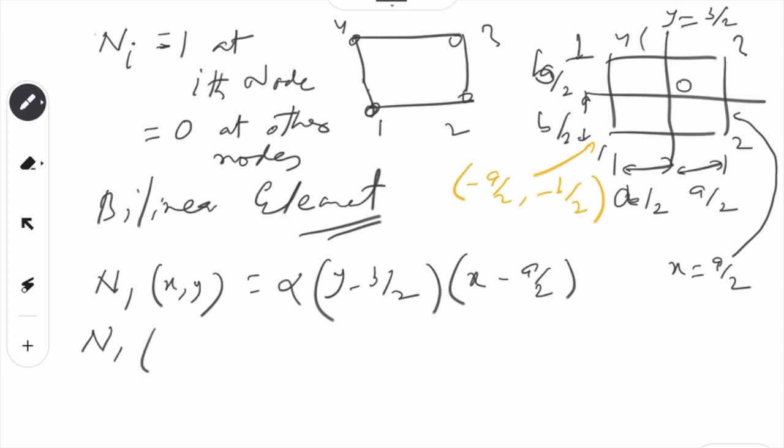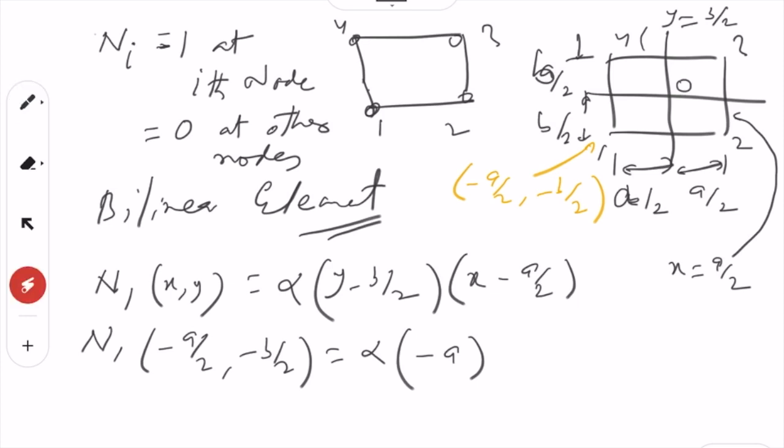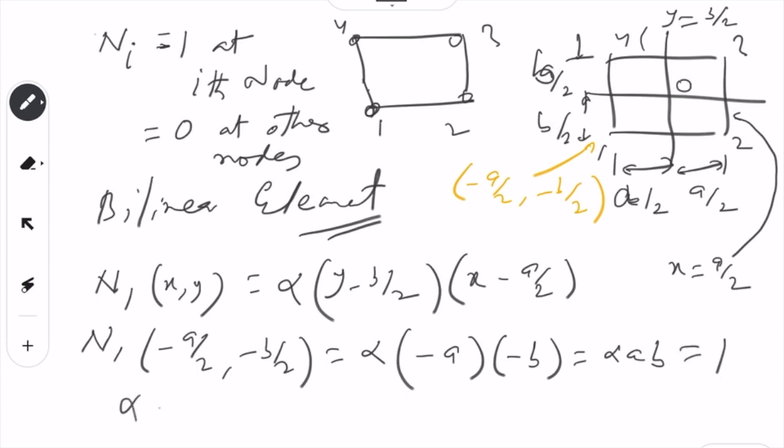So n1 at minus a over 2, minus b over 2 will be equal to alpha, and we have x equal to minus a over 2 and y equal to minus b over 2. So you write here, we get minus a and minus b, so we get alpha a b. It has to be equal to 1, so we get alpha equal to 1 over a b.